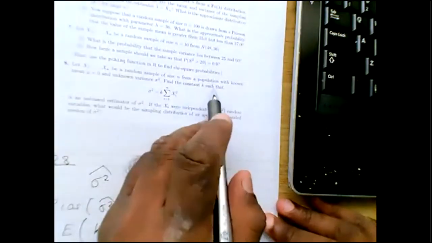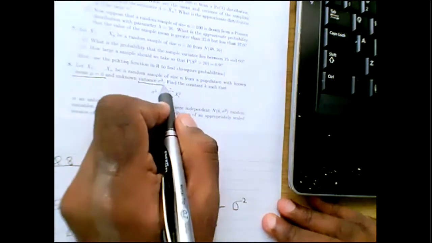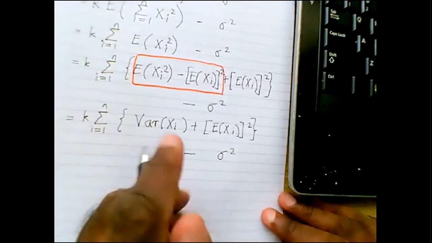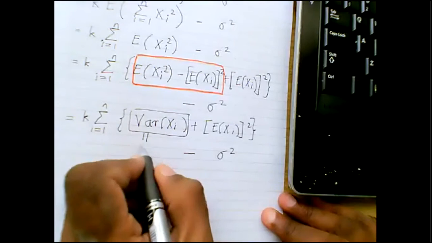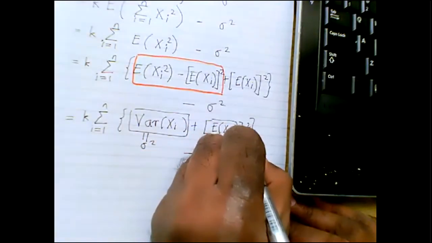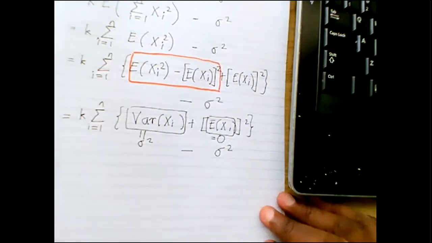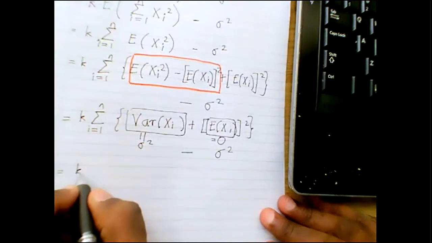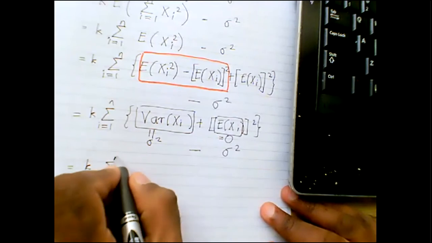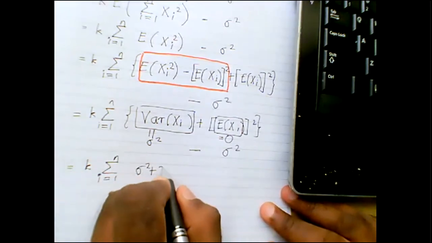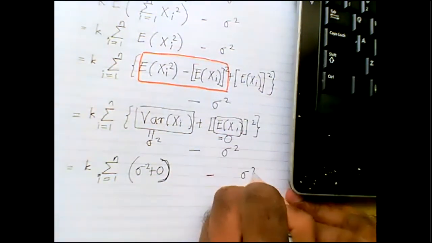All right, now you should go back to the question. The question says that the population has mean equal to 0, right? And the variance equal to sigma squared. So this guy here is equal to sigma squared, and this guy here, the mean, is equal to 0, right? So what you have is K times the sum of sigma squared plus 0, minus sigma squared.